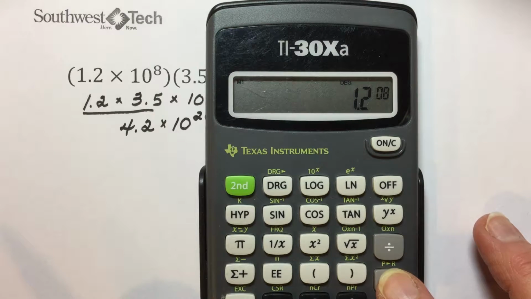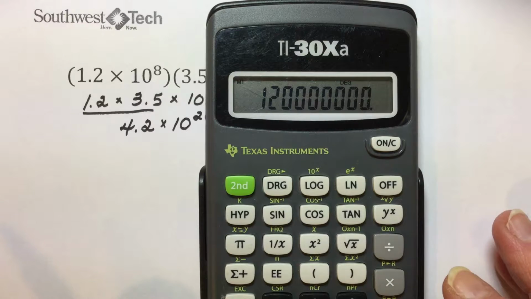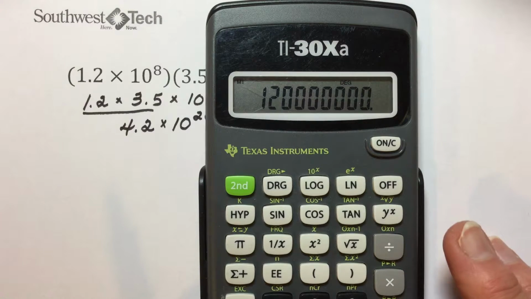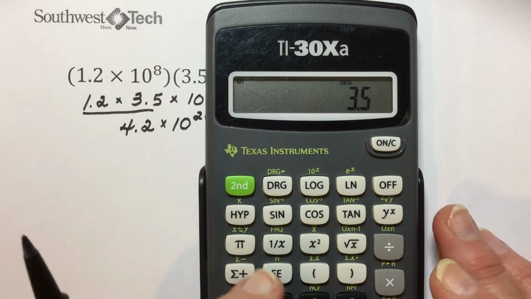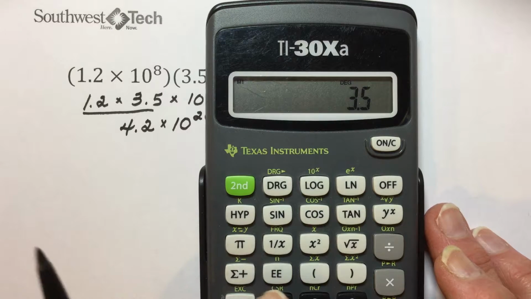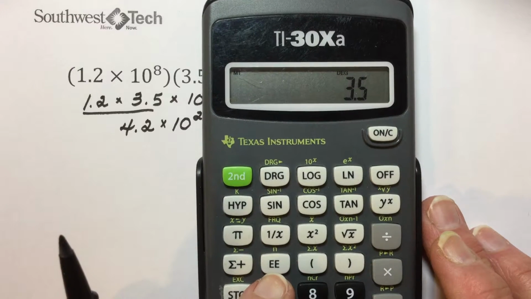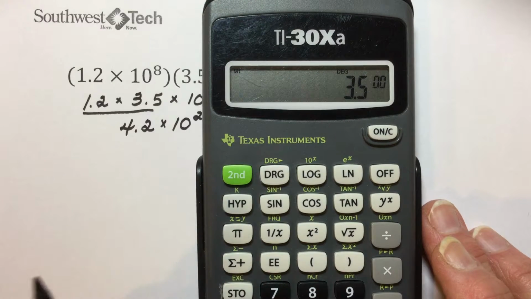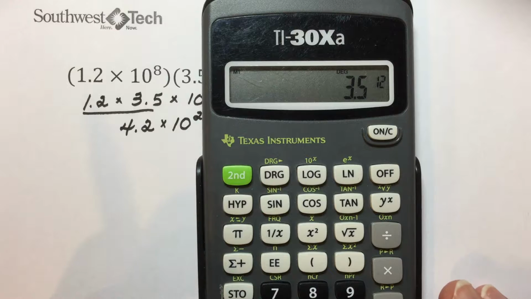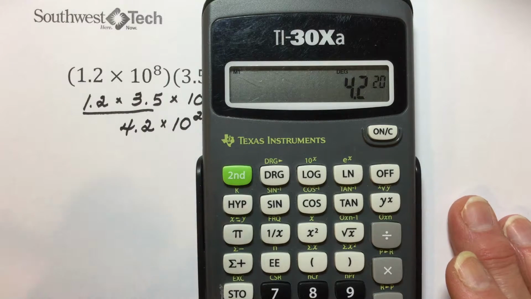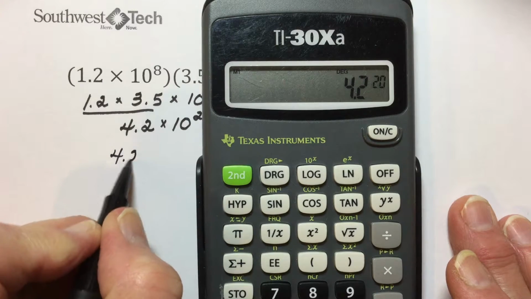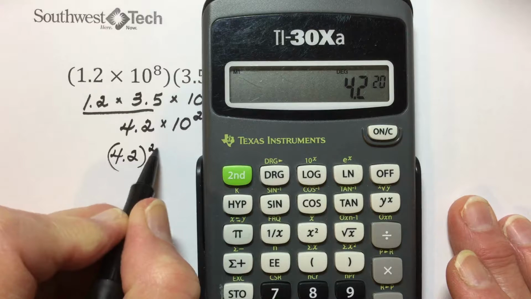Then, multiplying that by the other number, which is 3.5 times 10 to the 12th power, again to indicate the 12th power I'm tapping the EE key here and putting in that power of 12 on 10 and hitting equals. Now, if you just tuned in, this looks like the number 4.2 to the 20th power.